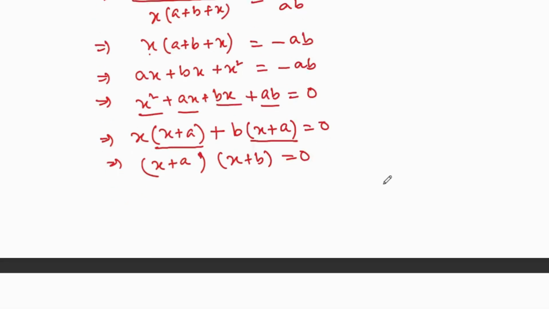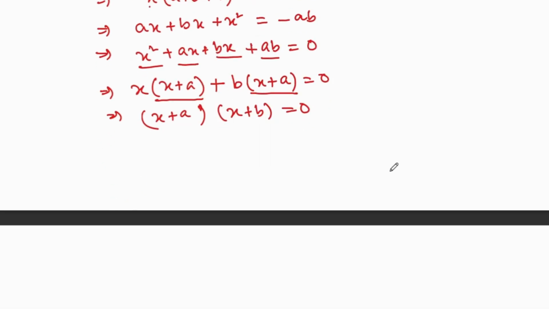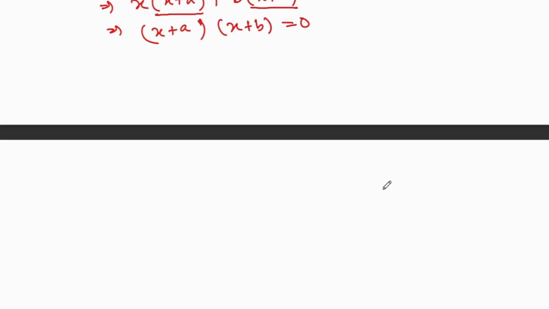Now remember the zero product rule. What is the zero product rule? The zero product rule says that if a times b equals 0, then either a equals 0 or b equals 0.